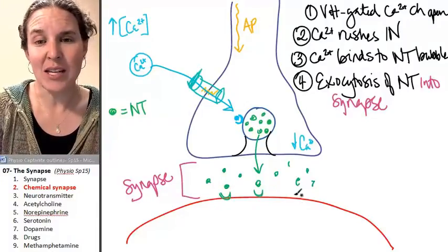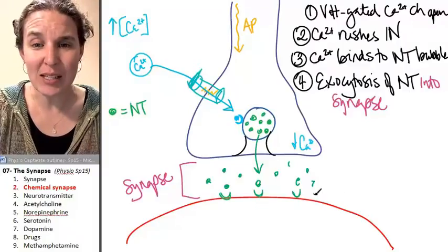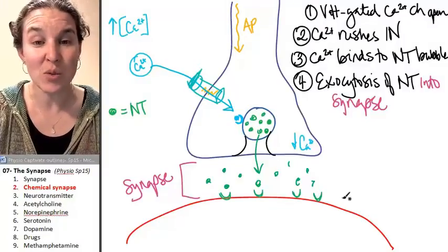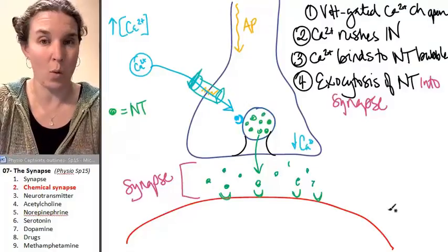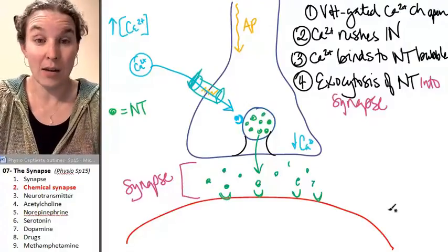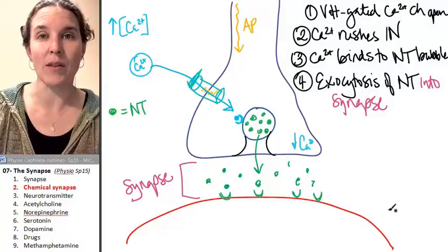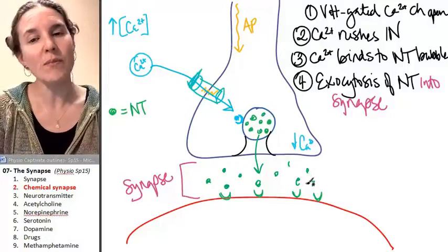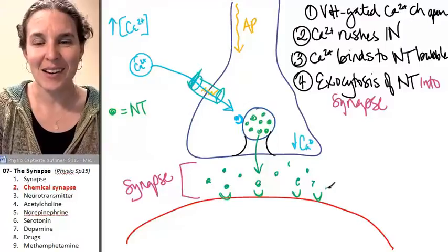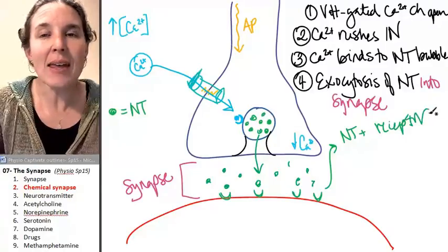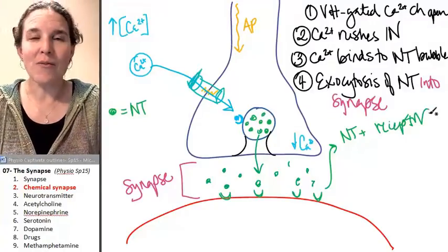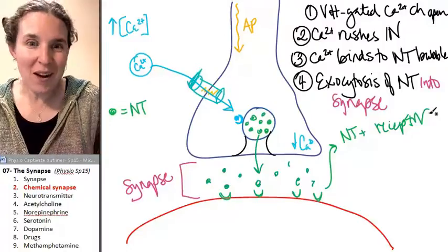I say most cases because it would be really pointless to dump neurotransmitter into a synapse if you didn't have some kind of receptor on whatever is next that can connect with the neurotransmitter. Once we connect, oh my gosh, you get neurotransmitter plus receptor, and then it's like choose your own adventure, man. What do you want to have happen?